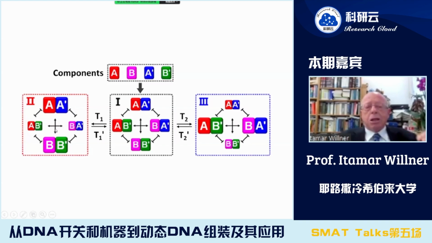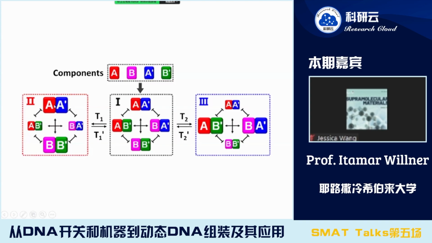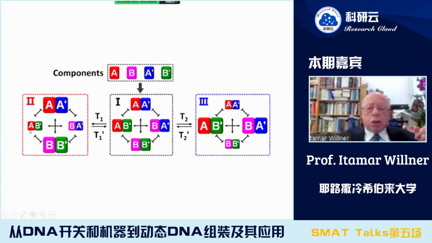So what we can see is that if we stabilize and upregulate one of the constituents, all other constituents that share components with the upregulated constituent will be downregulated, AB' and BA'.